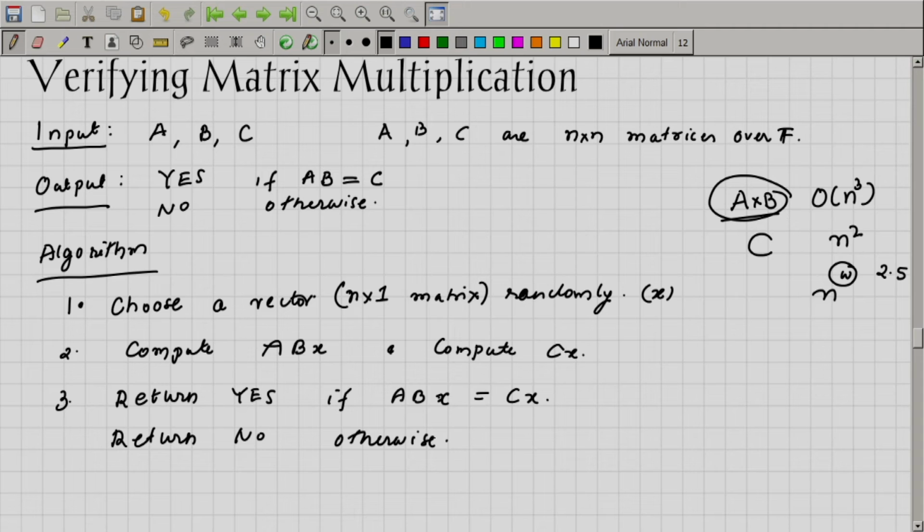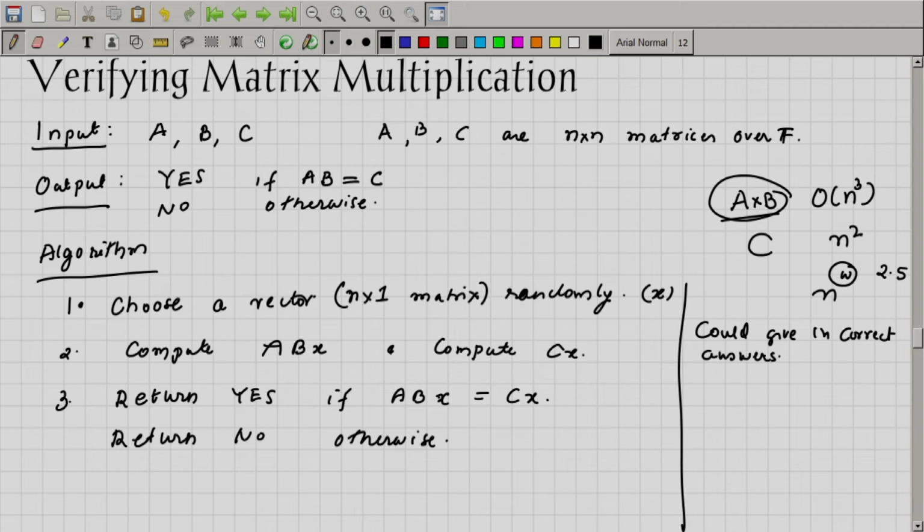Is this a better algorithm than the previous algorithm wherein we computed AB and then compared it with C? Well, this algorithm could give incorrect answers. There are certain inputs on which the algorithm could give incorrect answers, but there are certain inputs on which it will never give incorrect answers.